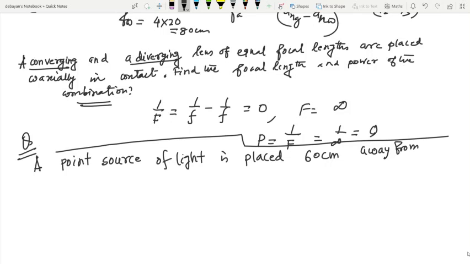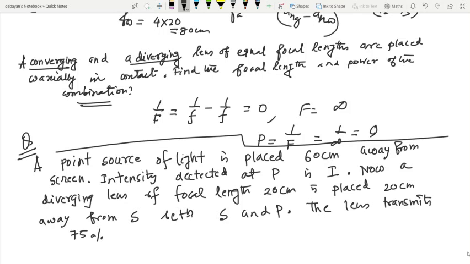The lens transmits 75% of light incident on it. Find the new value of intensity at P.